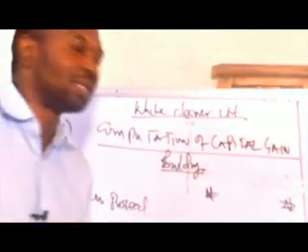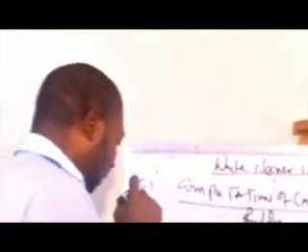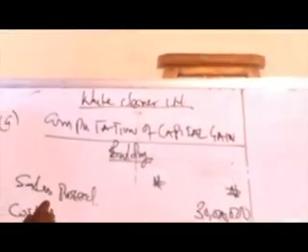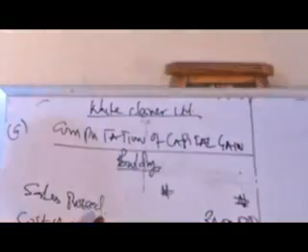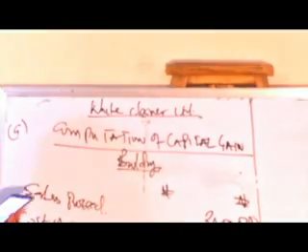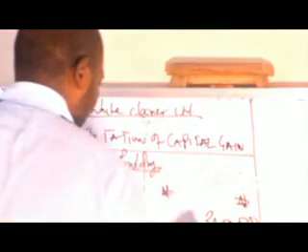In this question we don't have any incidental expense to remove from the sales proceed. The sales proceed on disposal of the building is 30 million. Then the cost of acquisition: how much did we acquire the asset for? The asset was acquired for 25 million.